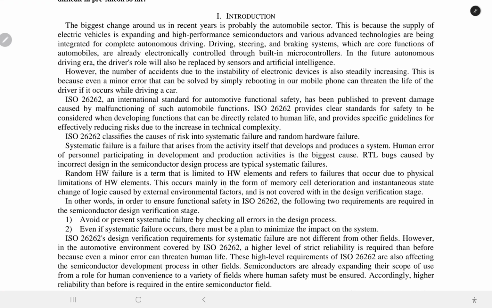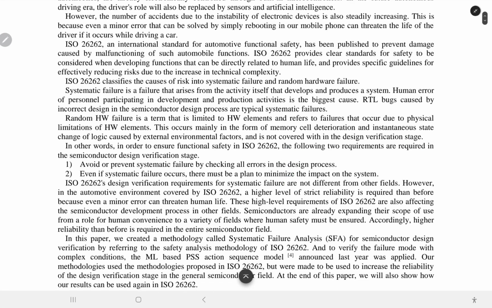This occurs mainly in the form of memory cell deterioration and instantaneous state change of logic caused by external environment factors, and is not covered within the design verification stage.